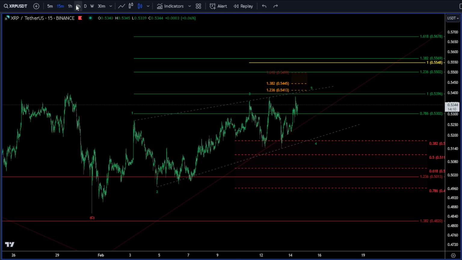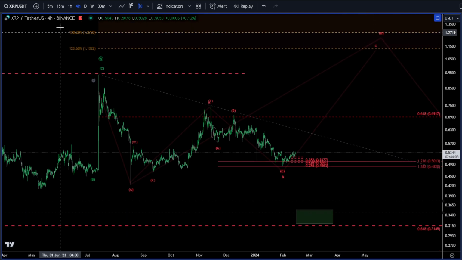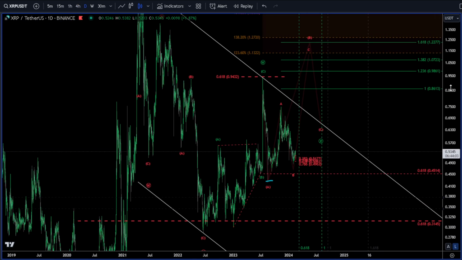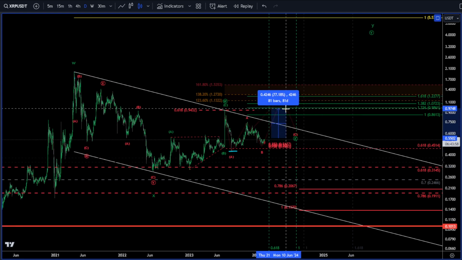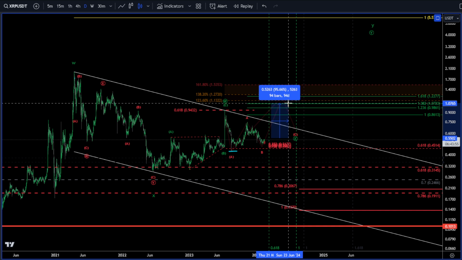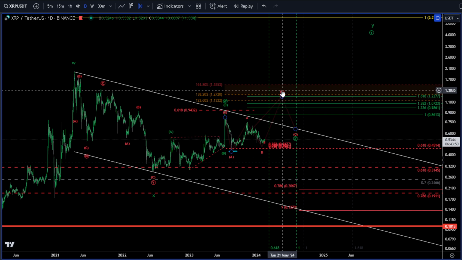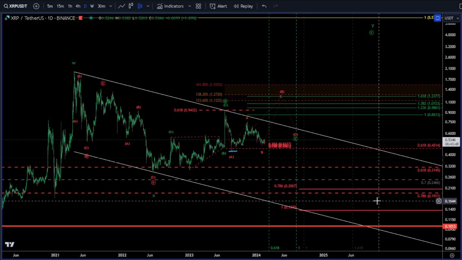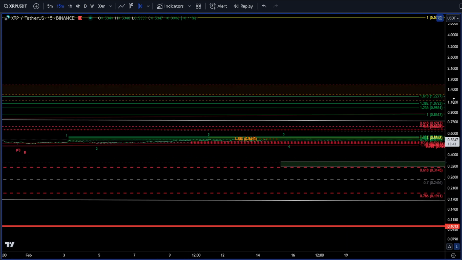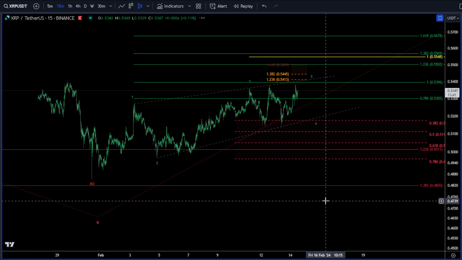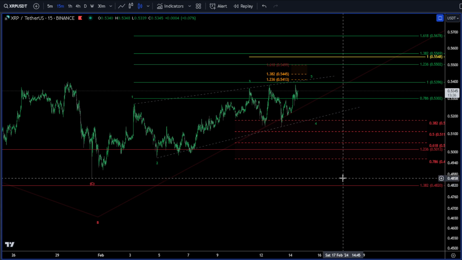So if we fail, we don't protect that low, and we'd have to readjust this count because there's just too many things that can be happening. Ideally, we just get it now, move up, 80 to 100%, which would be very nice in the short term over the next month or two, and then we can be like, okay, it looks like we're getting the move we're expecting. But until then, just playing it move by move, and right now it's just this long here whenever this diagonal is complete. Stop at this low.